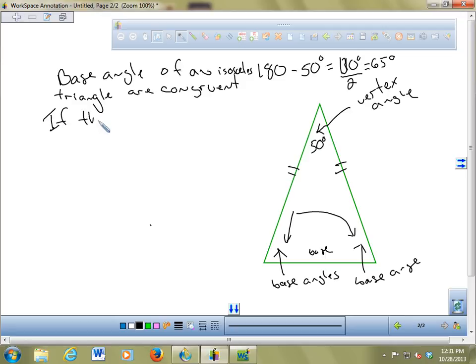If the base angles of a triangle are congruent, then what's got to be true about that triangle? It is isosceles. Okay, so that's all for isosceles.